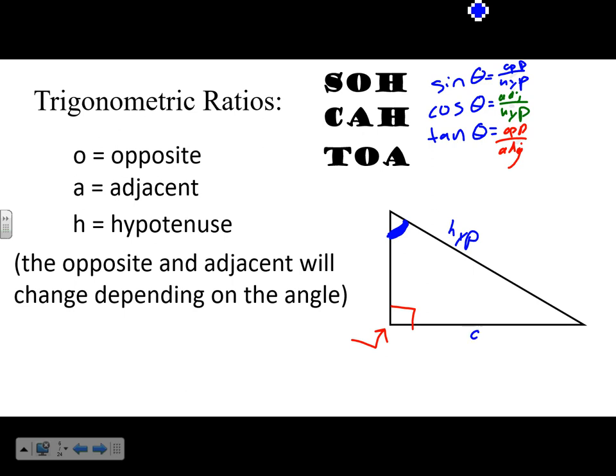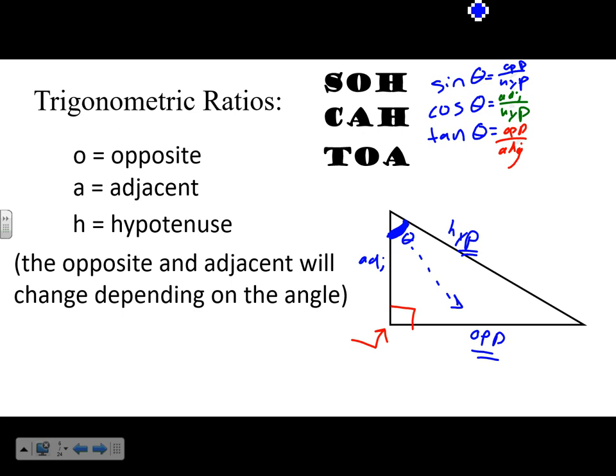So this is the opposite side. Then over here would be the adjacent. Adjacent means it's right next to it. If you say it's the adjacent house, it's the house right next to yours. So if we're trying to find the sine of this angle right here, the sine of this angle is the opposite side over the hypotenuse. That's the ratio.